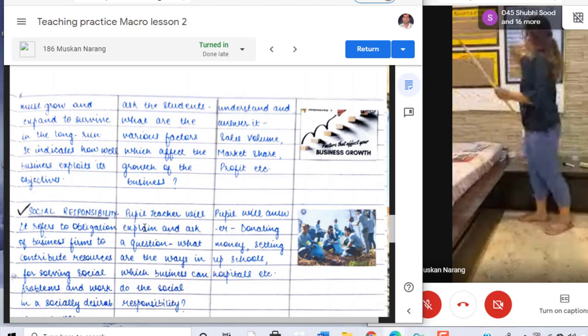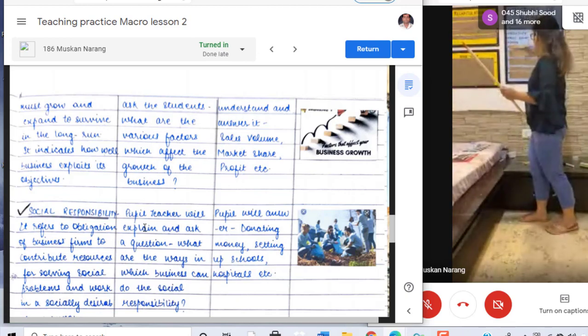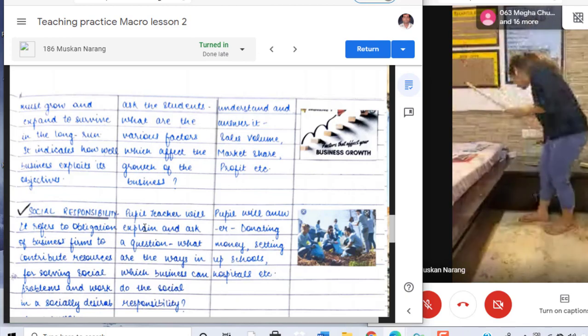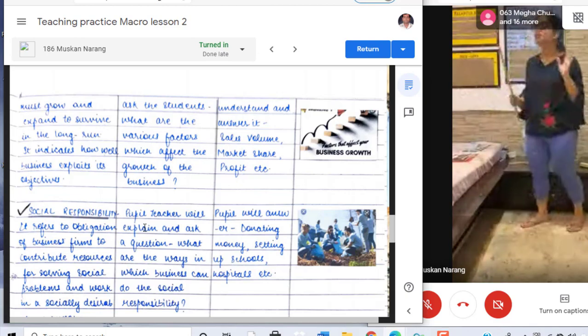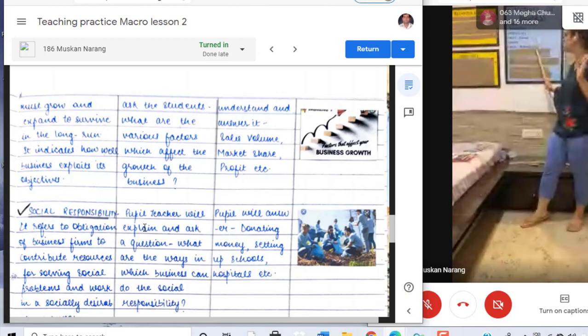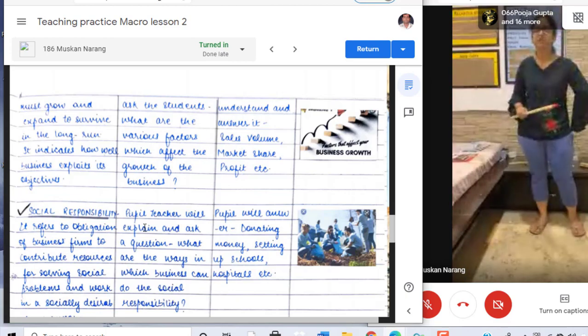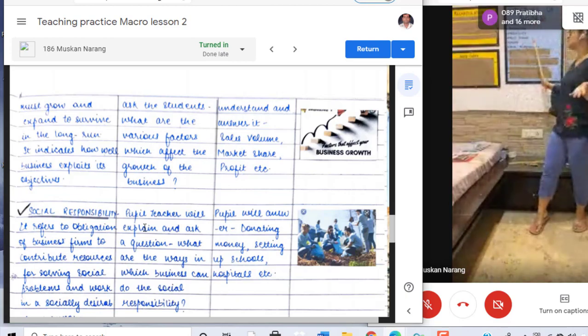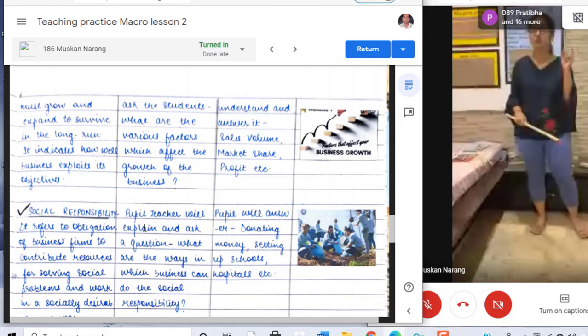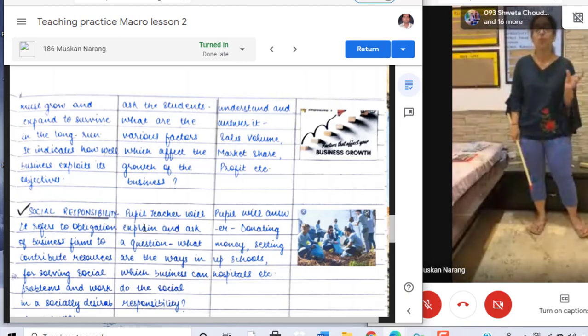Now we have our fifth factor, that is social responsibility. There are businesses which operate without social responsibility, but society is the one which gives them the place to enter into the market and to survive in the market.